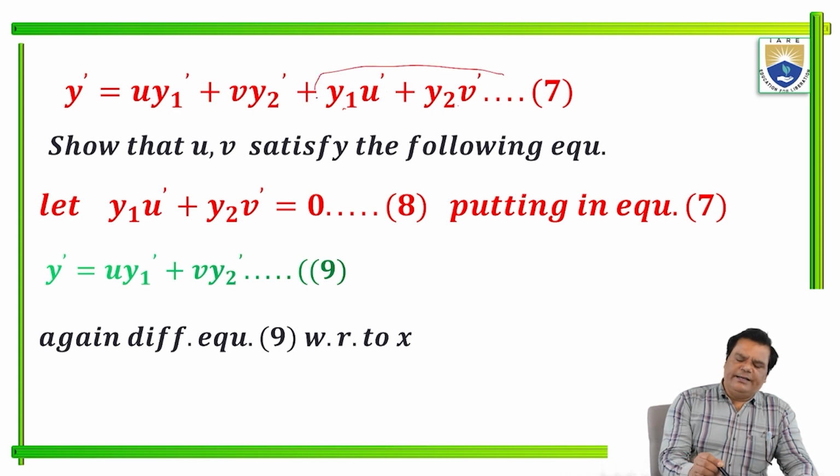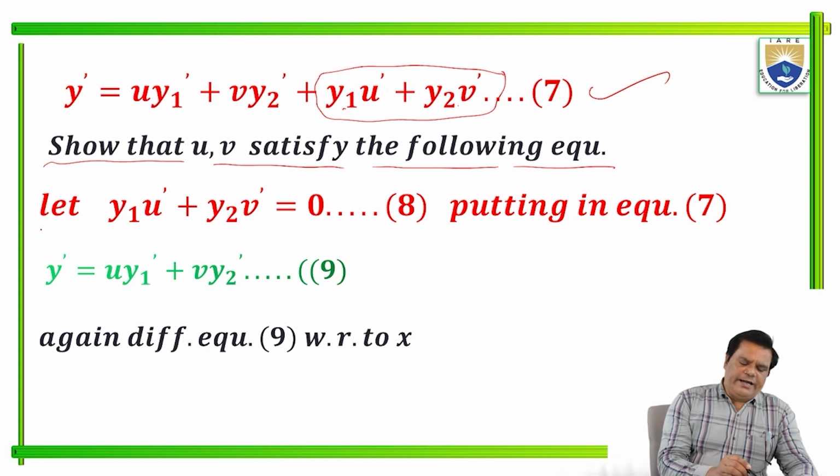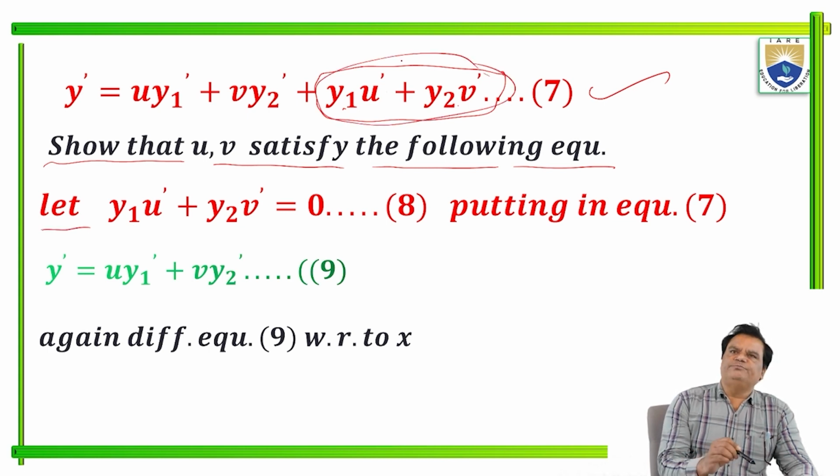Here we write u dash and v dash last. This is equation 7. So that u and v satisfy the following equation: let y1 u dash plus y2 v dash equal 0. This last result we have taken as 0.